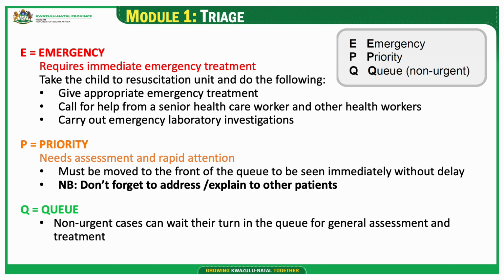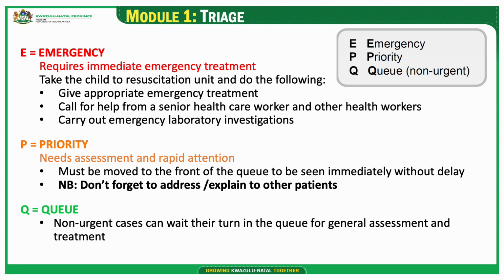Priority patients need rapid assessment and attention, but because they don't have life-threatening problems at the moment, they must be moved to the front of the queue and be seen as soon as the next healthcare worker is available. It's important to explain what you're doing to the rest of the patients so that they don't get upset.